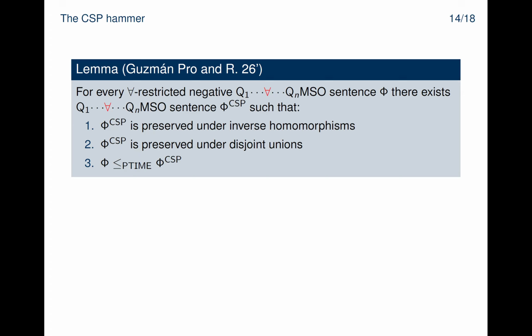We have preservation under inverse homomorphisms, we have preservation under disjoint unions, and we have reduction from the original sentence to this new sentence. So we start with the sentence phi, which is for all restricted negative. This ensures that it's preserved under inverse injective homomorphisms, and after applying this construction phi CSP, we have preservation under all possible inverse homomorphisms.